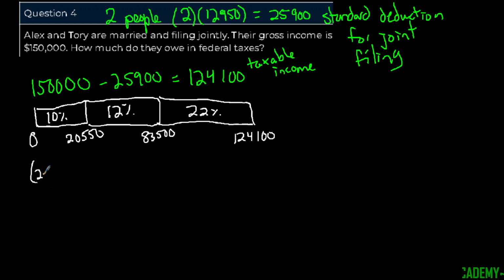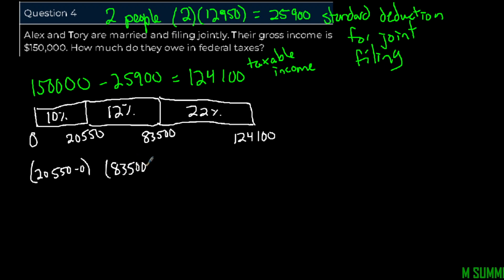So I have 20,550 minus 0 is going to be that same number again. Then we say we have 83,500 minus 20,550. Subtract those two. Sorry, it was 83,550. Should be another 5 in there.